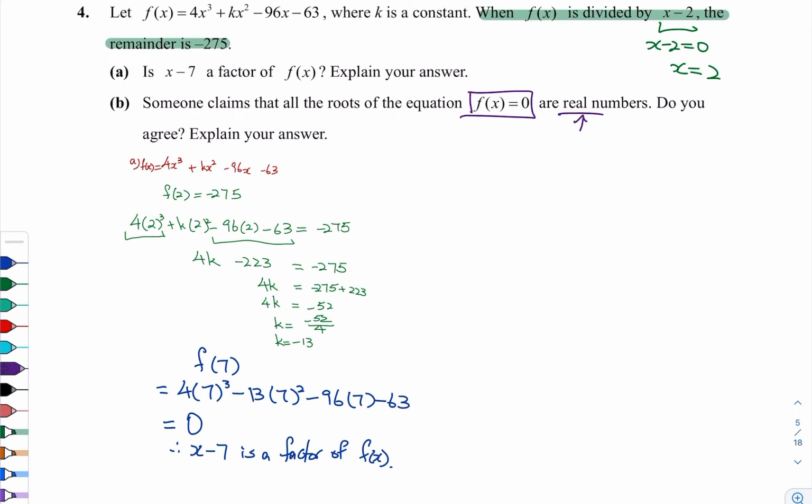But if you don't get any answers, then it is not a real number, like you get a math error. You might get it sometimes. We will have those situations in the following questions. If you get a math error, then it's not real. So I do f(x) equals 0 first, because that's what the question gave me. What is my f(x)? My f(x) at this moment is still this one.